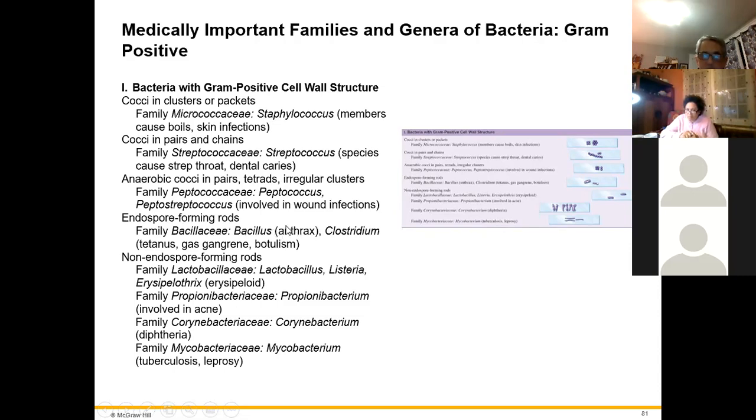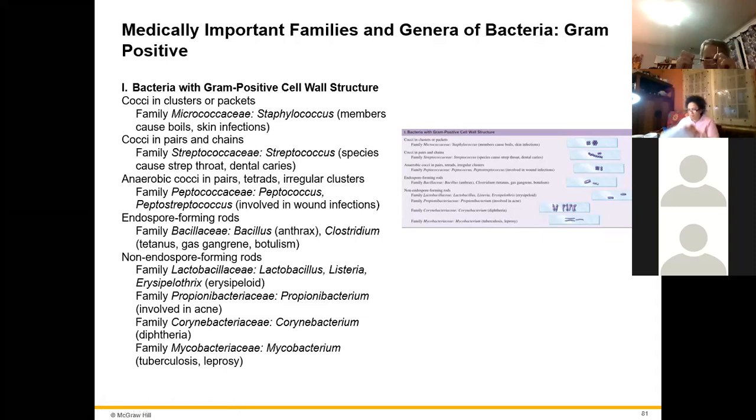So Bacillus causes anthrax, Clostridium causes tetanus and botulism. Non-endospore rods, there's the Lactobacillus, Listeria, the Propionibacteria, they make propionic acid. Corynebacteria is another one, can cause diphtheria. There's the Mycobacterium, which we mentioned before, that causes tuberculosis.